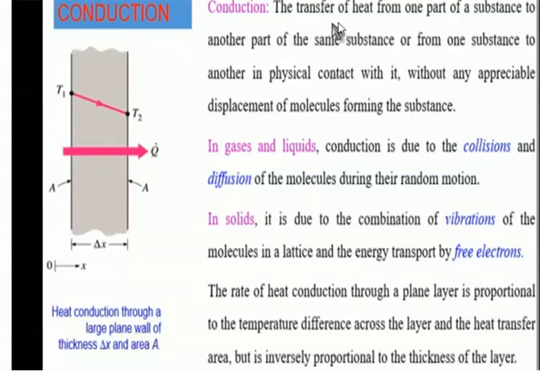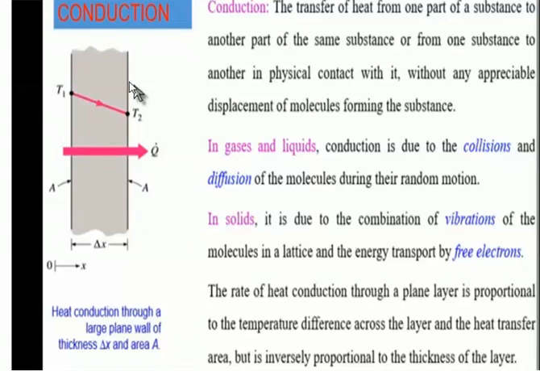The transfer of heat from one part of a substance to another part of the same substance, or from one substance to another in physical contact with it, without any appreciable displacement of molecules forming the substance. That means in the conduction mode of heat transfer, heat transfers from one part of the substance to another part of the same substance.